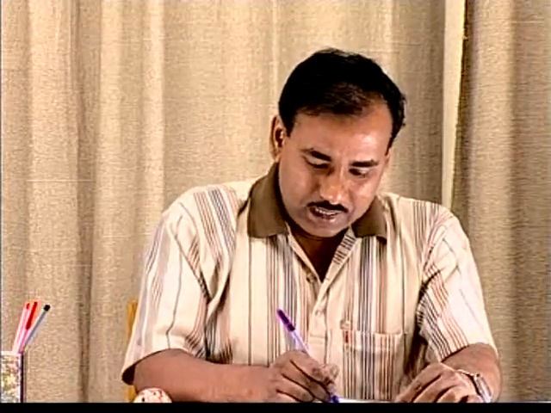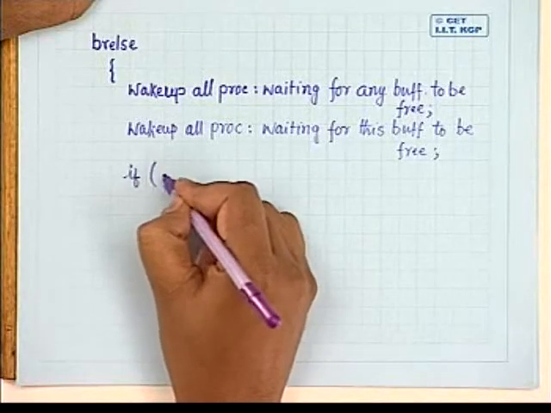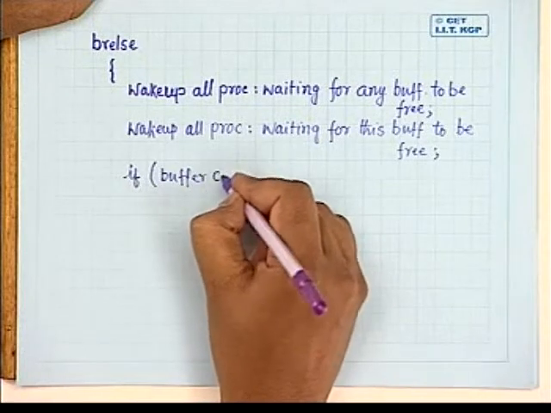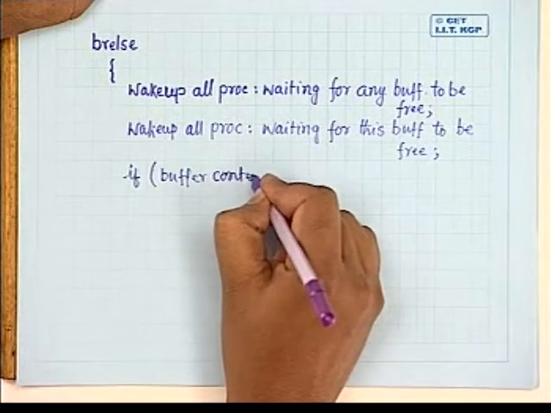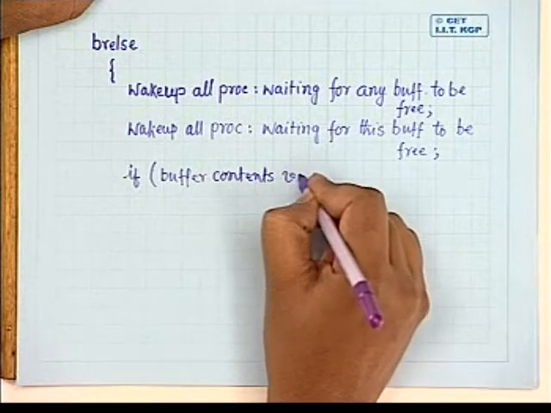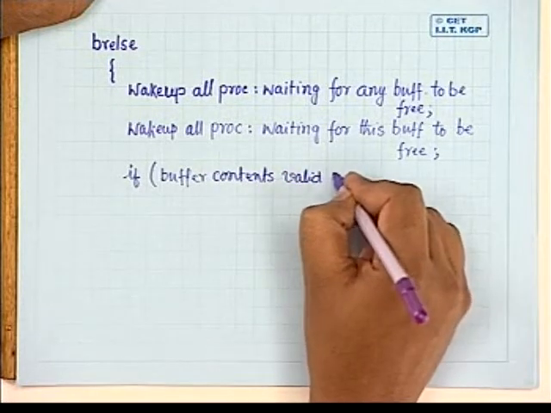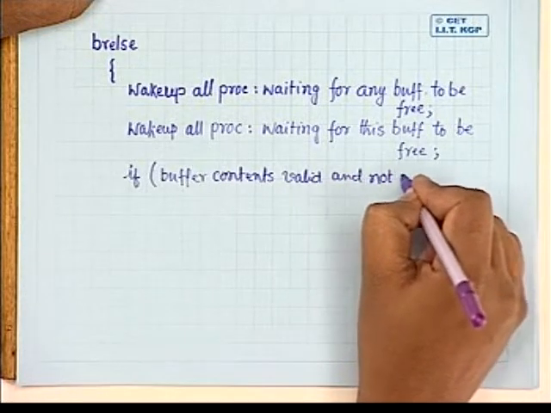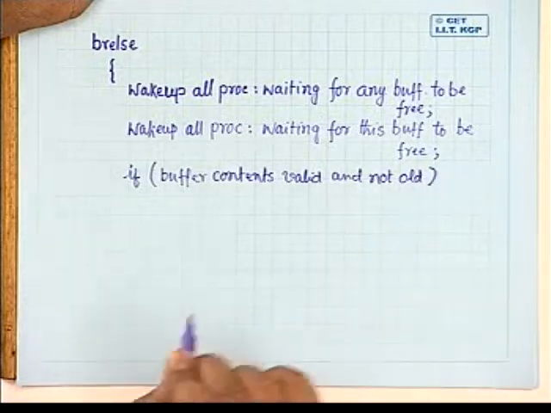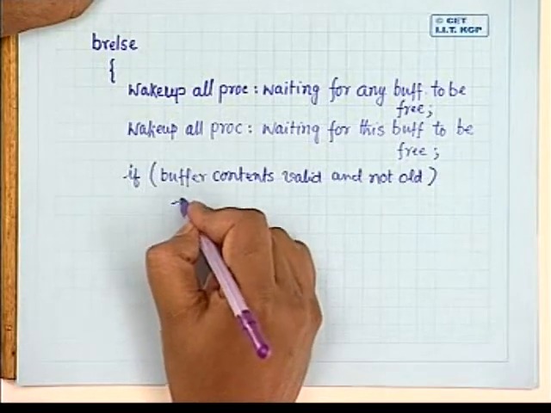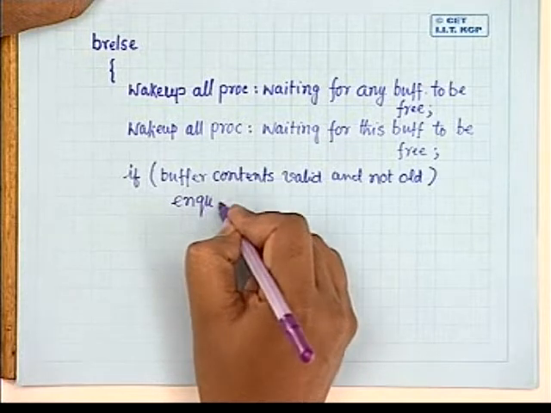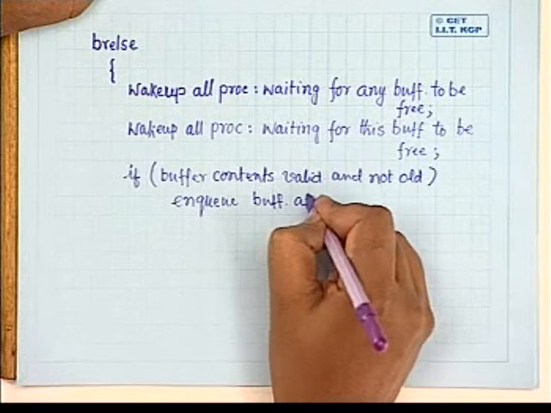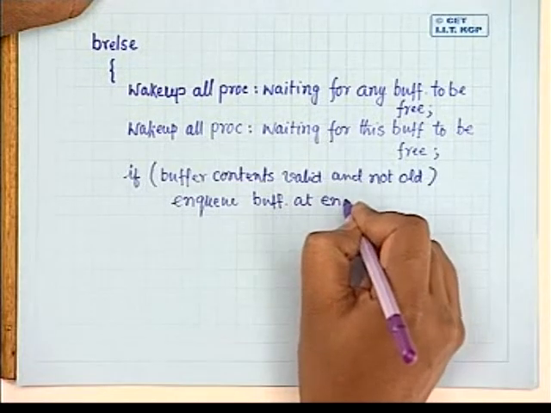So we can check the condition: if the buffer contains valid and not old data, then enqueue the buffer at the end of the free list.